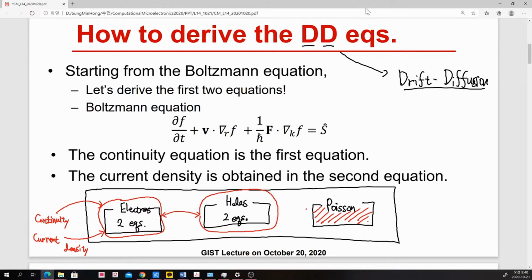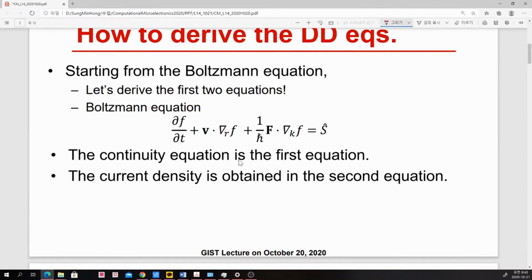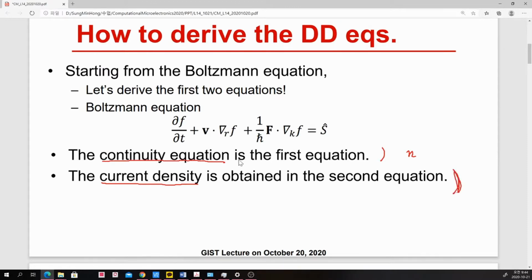And since we have Gauss law or the Poisson equation previously, we can easily construct a set of 5 equations. Yes, so we have the continuity equation and the expression for the current density. The continuity equation is for the electron density, and this current density expression is for the electron current density.